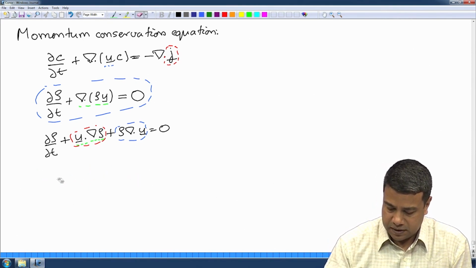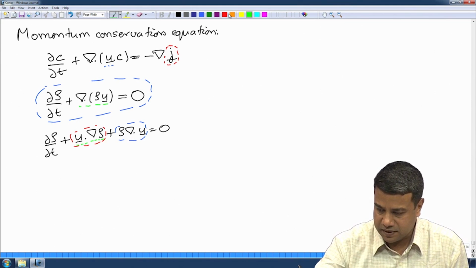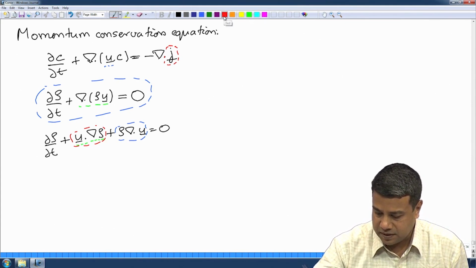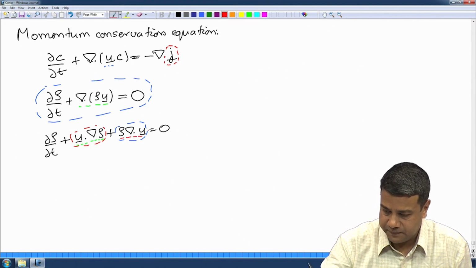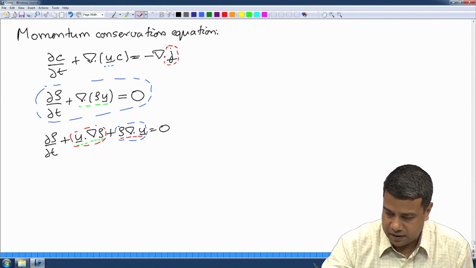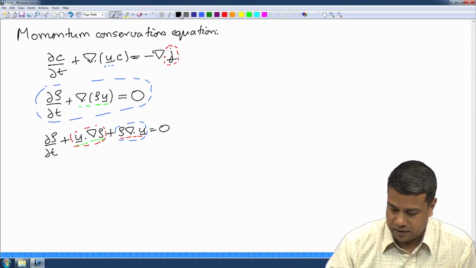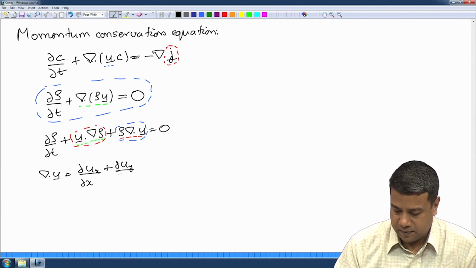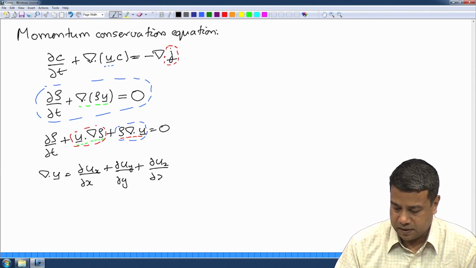On the other hand, the last term on the right is actually a divergence operator. If I write it in a Cartesian coordinate system, del dot u is equal to partial ux by partial x plus partial uy by partial y plus partial uz by partial z.